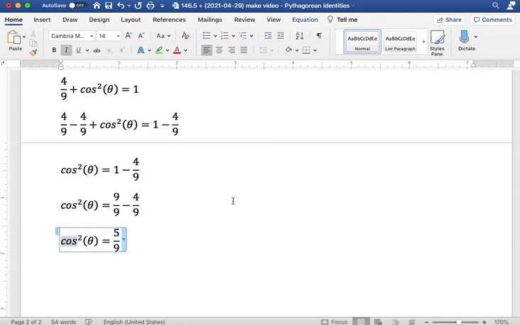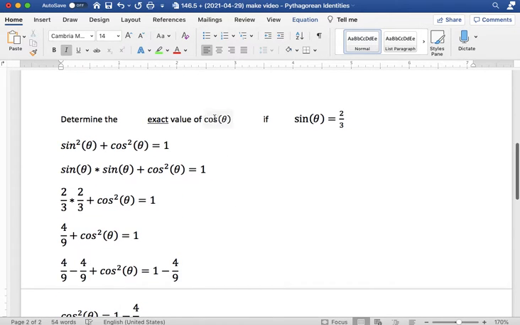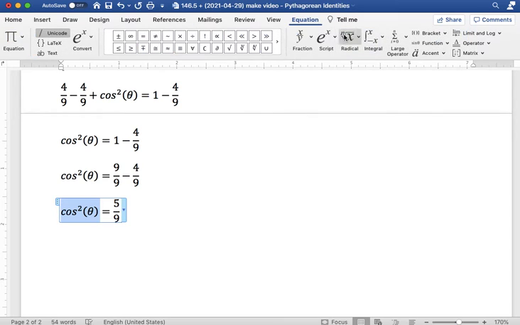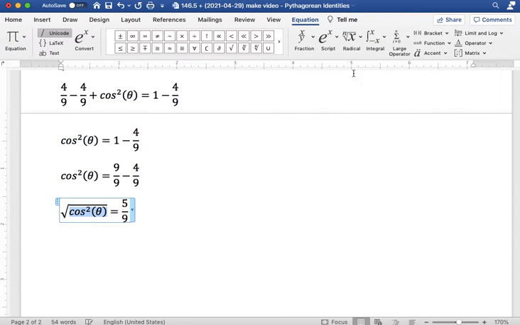And I'm looking for what cosine of theta equals. It's going to have 2 different answers here because of that squared. So I will square root both sides.